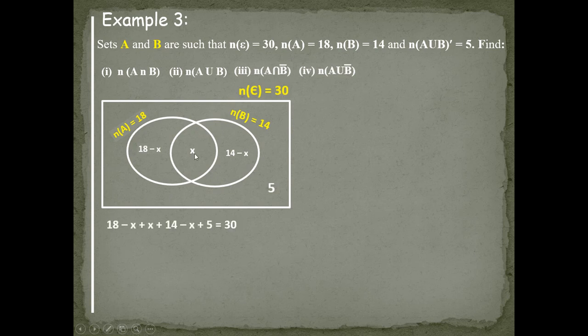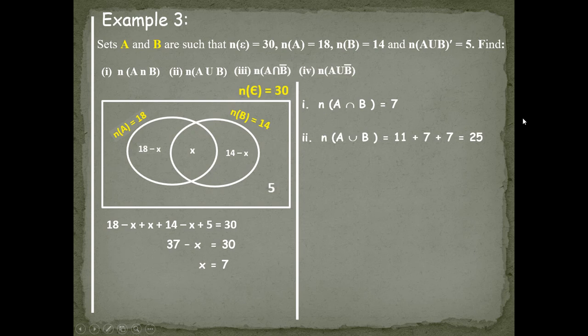So we add 18 minus x plus 14 minus x plus 5 should give us 30, and we shall get the value of x as 7. Now we go back to the question. A intersection B is the x, which is 7.